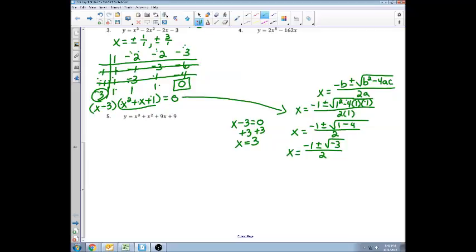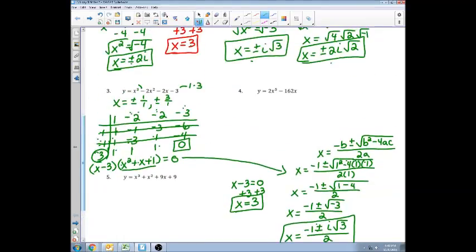The square root of negative 3, I can't really break it up too much, but what I can do is make this negative 1 plus or minus i root 3, because the square root of a negative number is always i. In that case, I'm going to have 2 answers because of the plus or minus, so I have 2 answers there. I have 1 answer here, so I have 3 total answers. How many am I supposed to have? 3. So we are good.